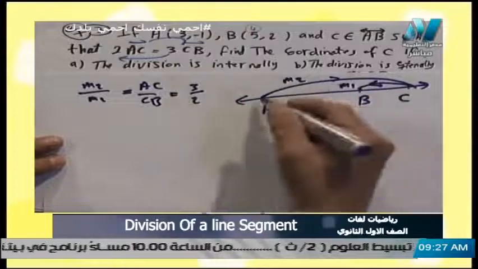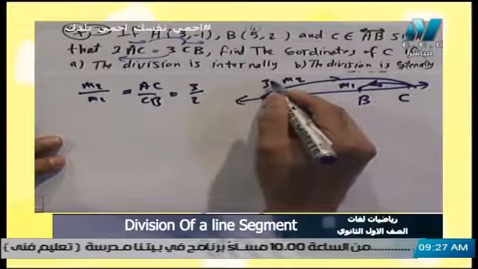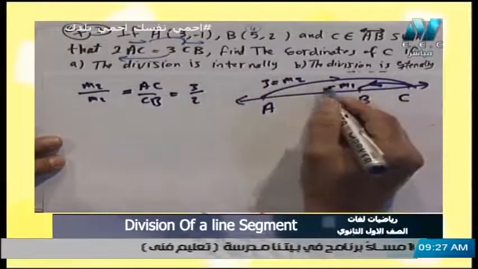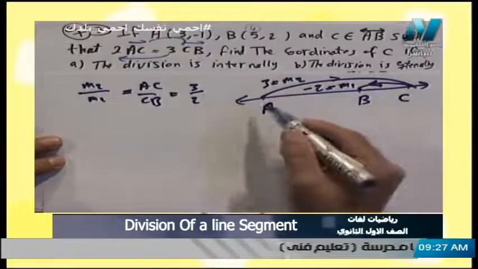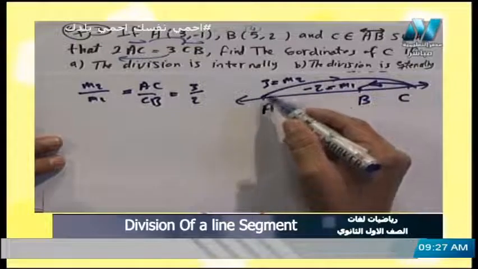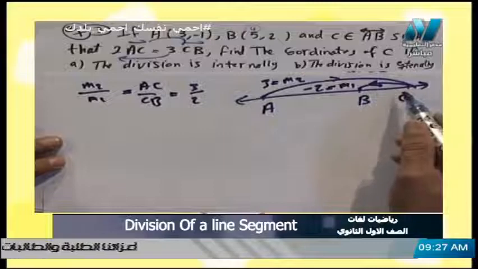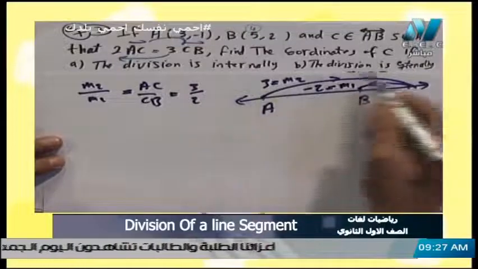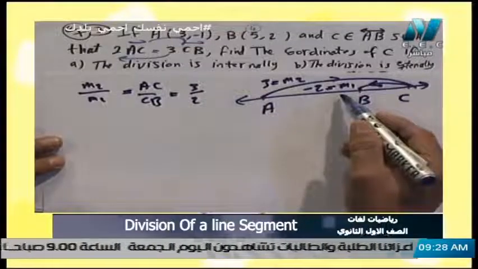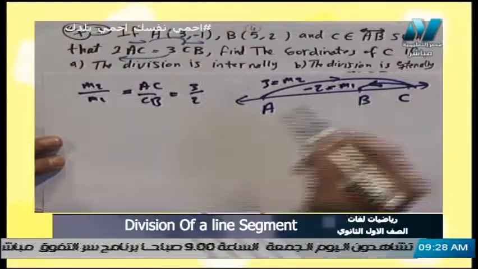So M2 here is 3 parts, and M1 equals 2 but negative. Why negative? Because we go by AC and return by CB. We go M2 and return by M1, and we deal with vectors, so it's negative.